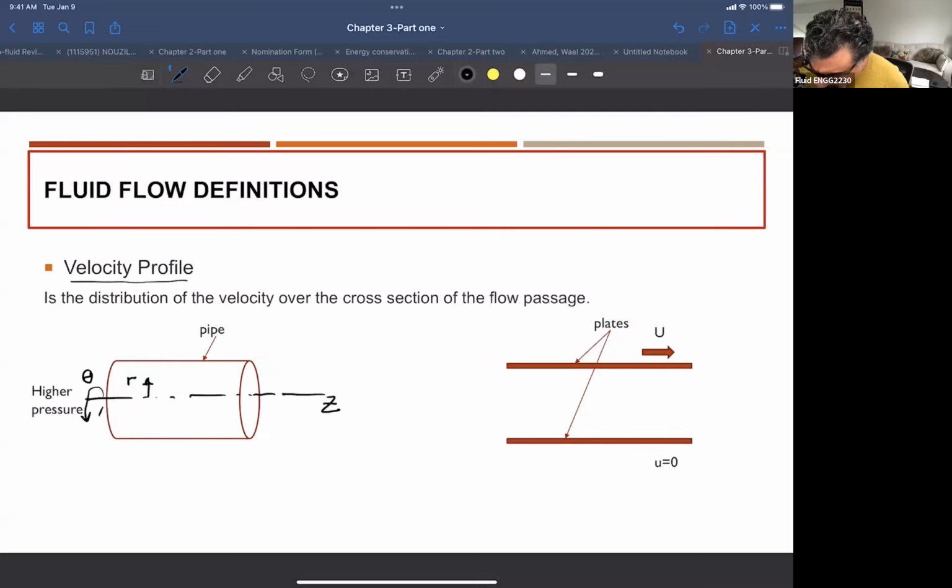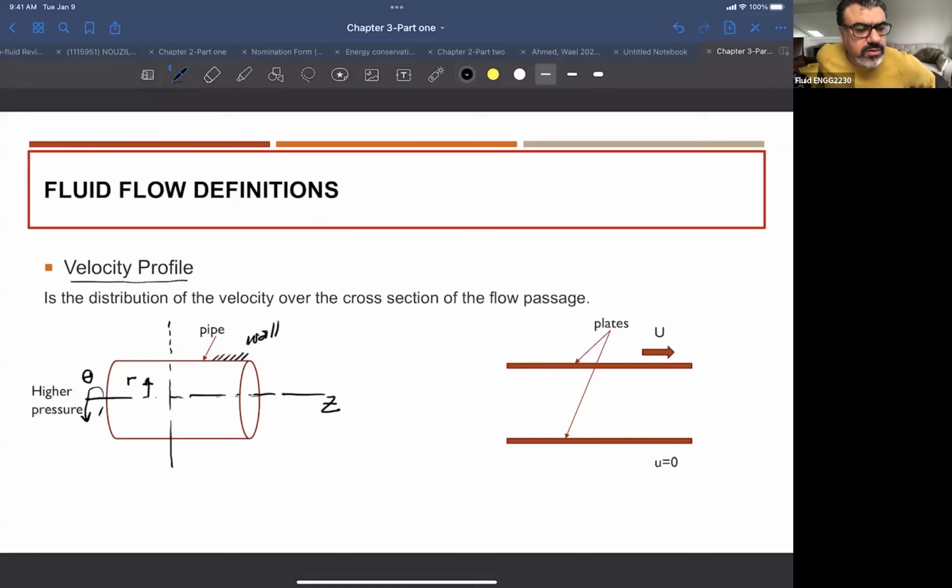In order to plot the velocity distribution, let's say, for example, I make a line like this. Can you tell me, if this is the center and this is the wall, right? From our chapter 1, remember, we were talking about viscosity and the velocity of the layer of the fluids.